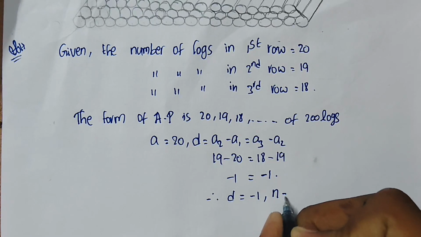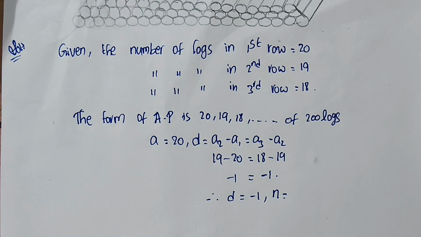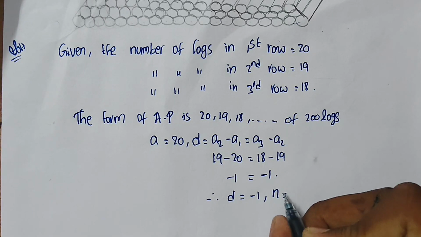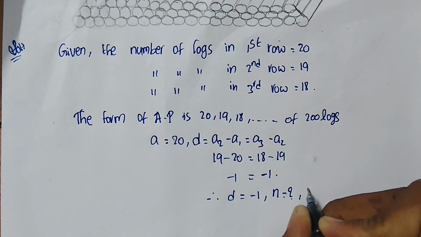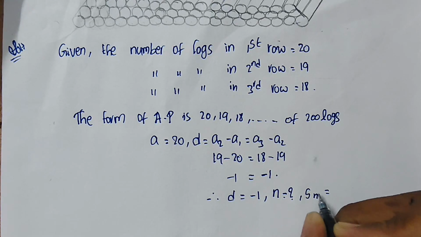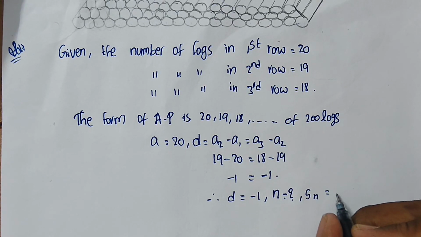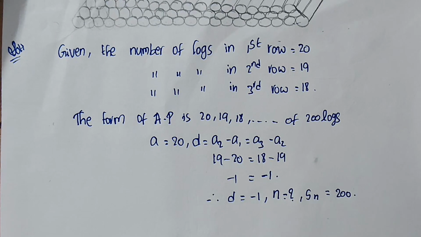And also we know the value of n. Sorry, we don't know the value of n. So we have to find the value of n, and he already gave the value of S base n, that is 200.